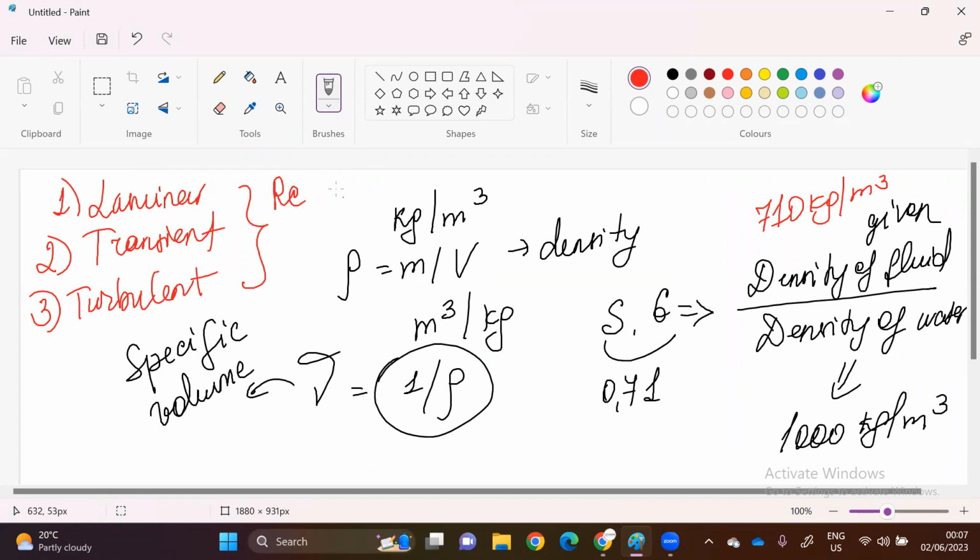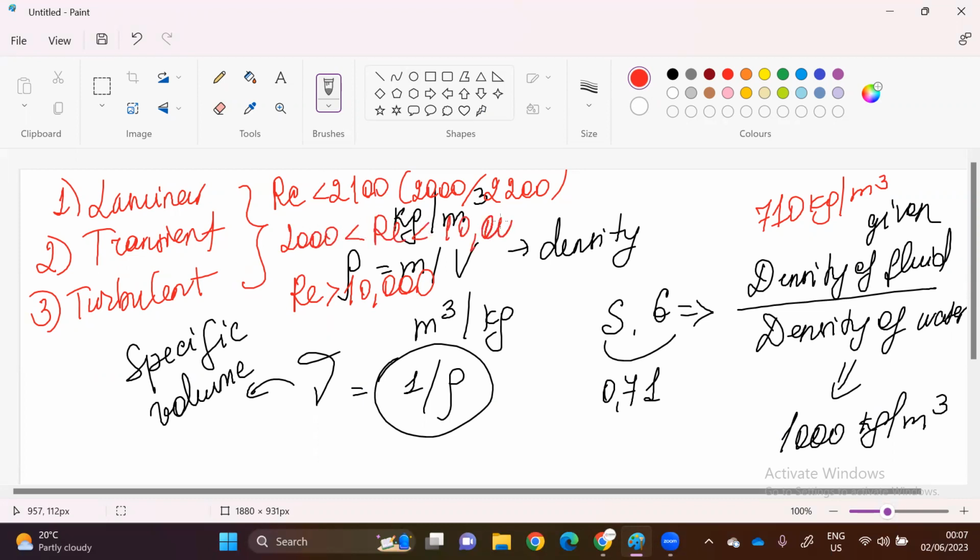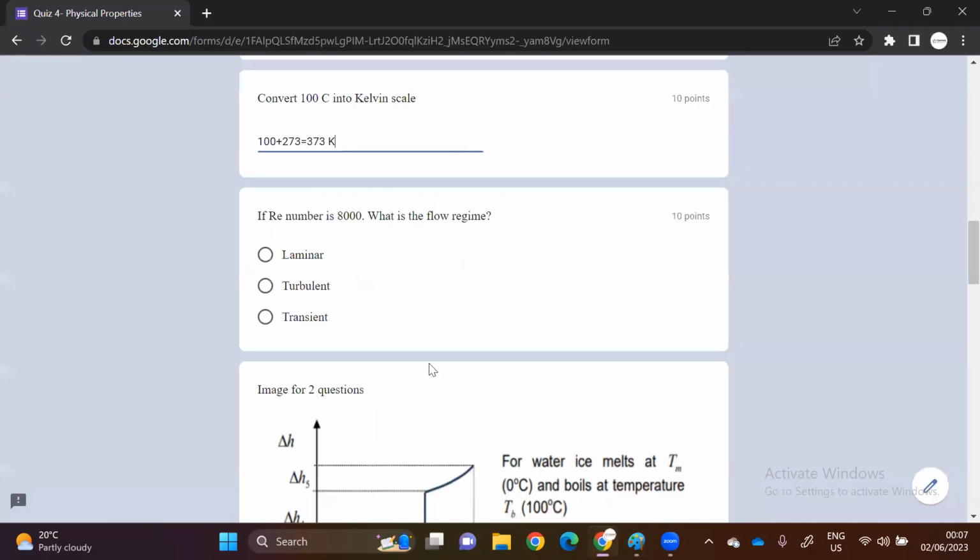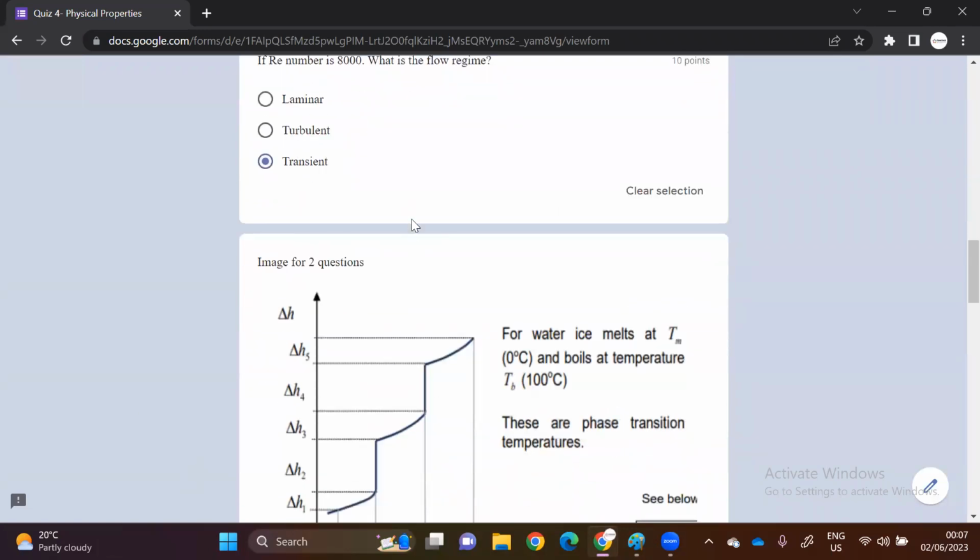If Reynolds number is less than 2100, or in some textbooks it's also given as 2000 or 2200, make sure you know what your textbook requires. For turbulent, Reynolds is greater than 10,000. And between 2,000 and 10,000, it will be transient. In the question, it was given as 8,000. That's why we say this is the transient region.